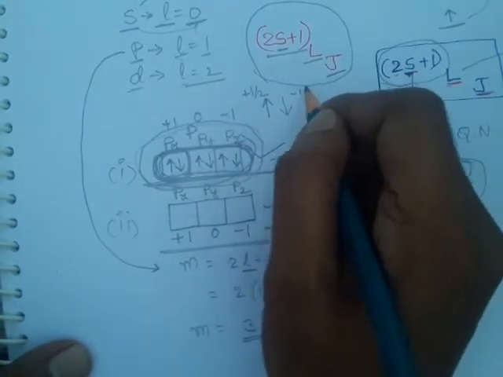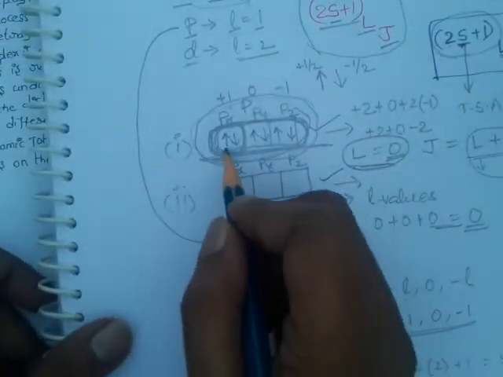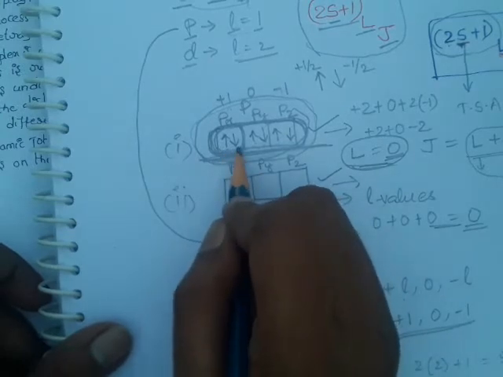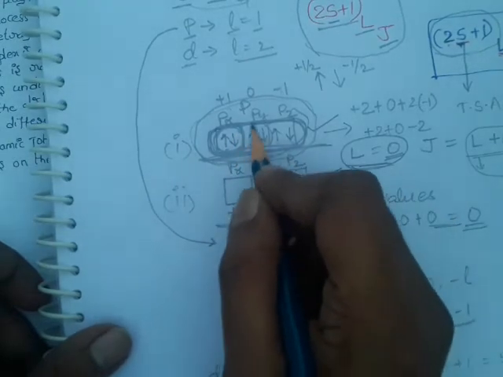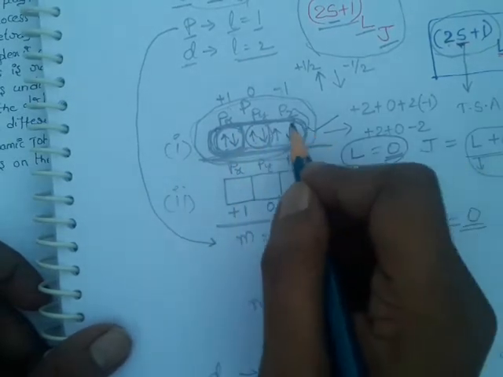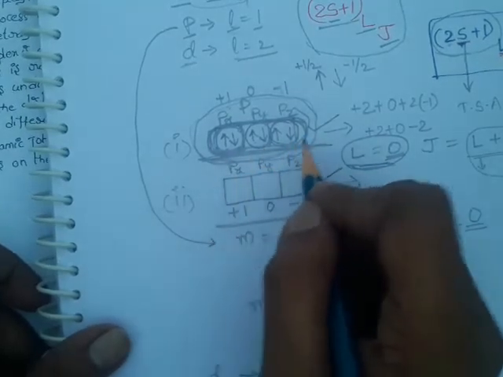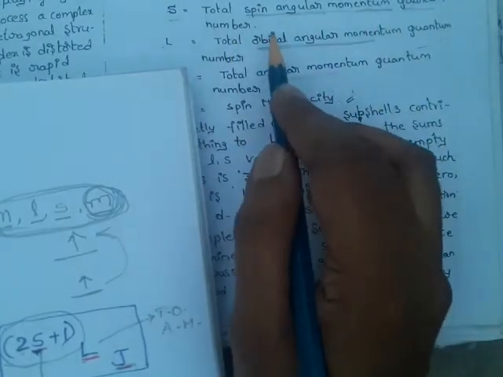If it is in anti-clockwise direction, S value is minus half. So for this orbital, plus half minus half, total spin value 0. Here also plus half minus half, 0. Here also plus half minus half, total 0.